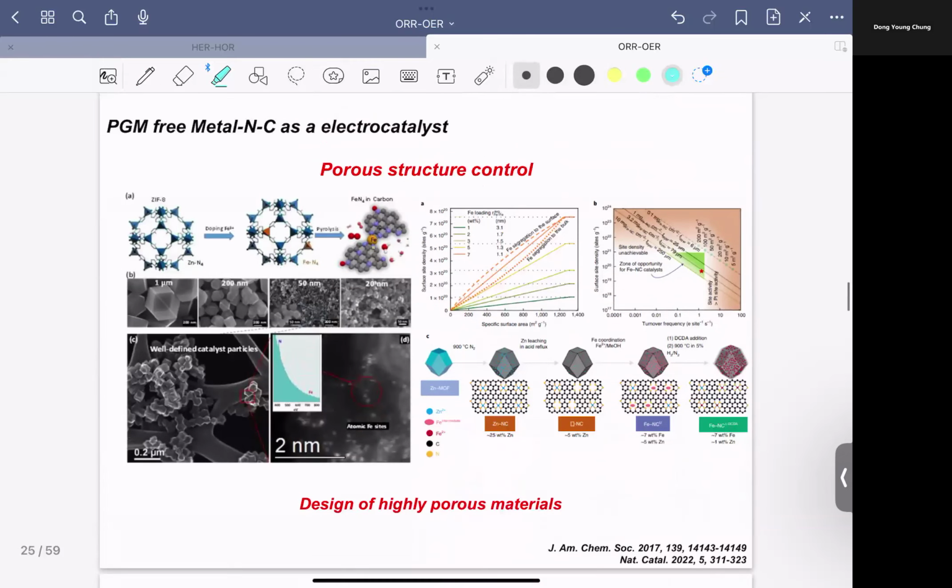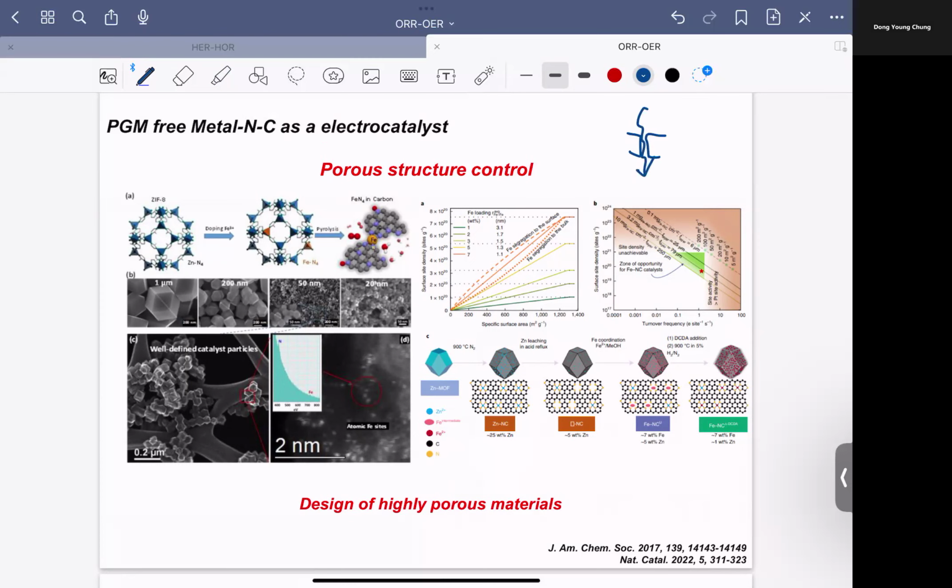So not surprisingly, people would like to control the porous structure, right? As I mentioned, we are aware that the microporous site is the active site, but there is a limitation for mass transfer. Please keep in mind, what is a micropore? Micropores are defined by a size below 2 nanometers in the IUPAC definition, which means the pore size is less than 2 nanometers, which indicates that the mass transport of oxygen or electrolyte is really challenging, right?